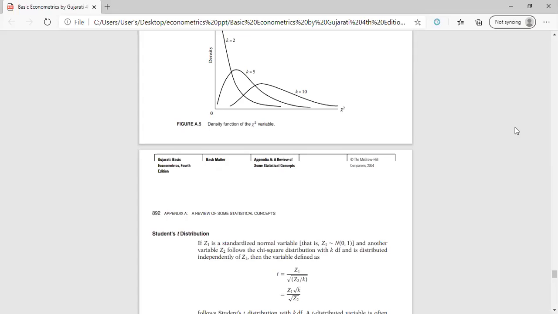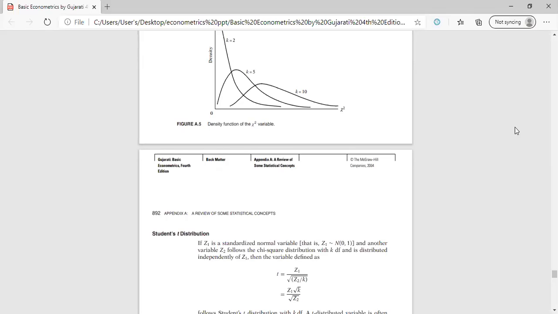F is asymmetric, starting from 0 going to infinity. T is a symmetric distribution with mean 0, from minus infinity to plus infinity, and variance a little bit bigger than 1.